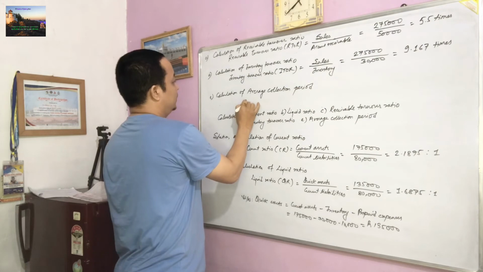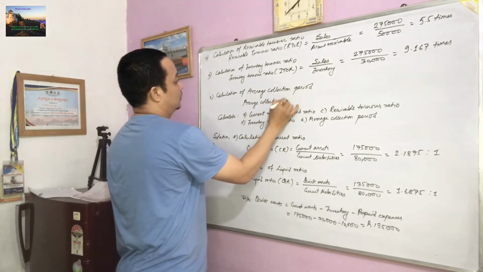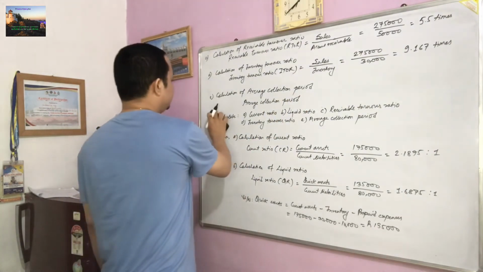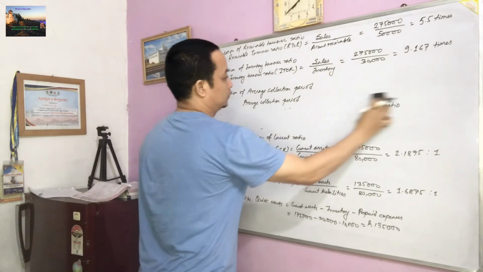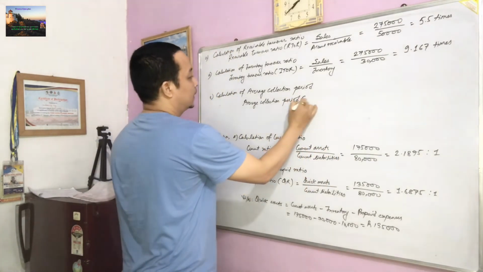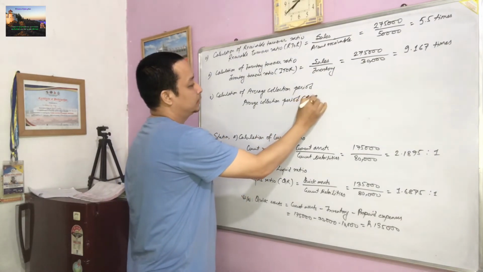So here average collection period, shortly you can write ACP, or you can also write days sales outstanding.